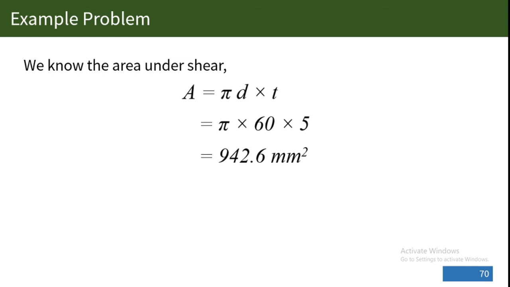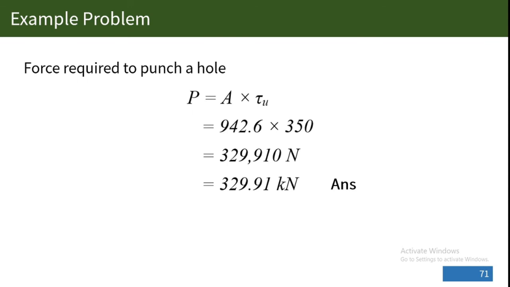Now that we have the area under shear, let's solve the force required to punch a hole. This equation is a manipulation from the equation of shearing stress, tau is equal to P over A. Thus, in getting the force, you simply multiply area times the shearing stress.